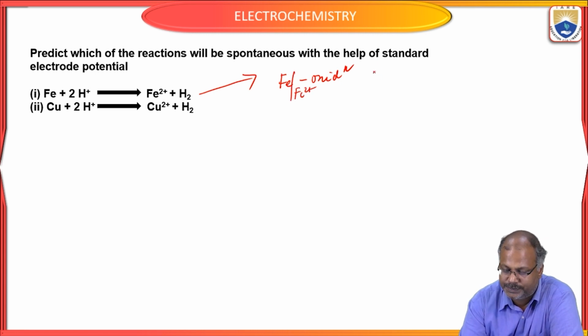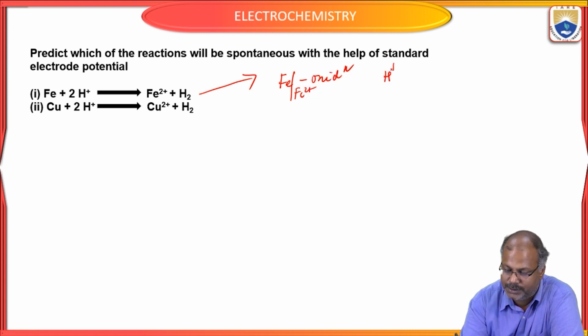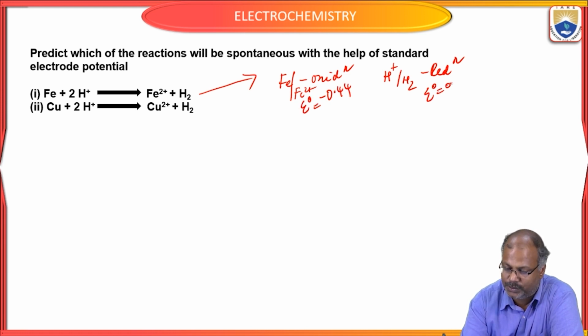Similarly, hydrogen undergoes reduction, 2H plus to hydrogen. This is reduction. So we know that this is minus 0.44 E naught value. This standard is 0 volts.